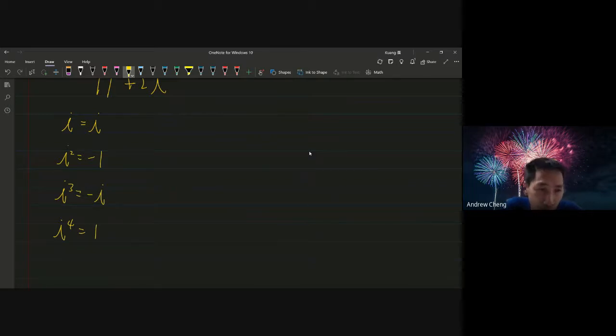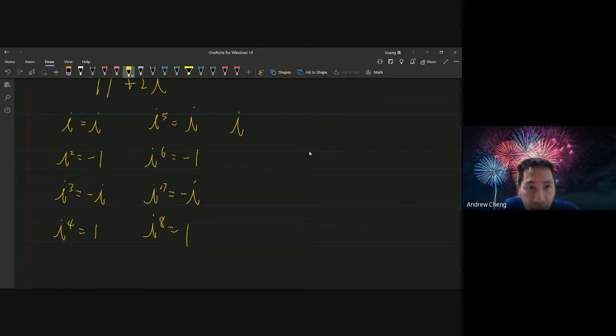Then i to the power 5 equals i again, because i to the power 5 is i to the power 4 multiplied by i. i to the 4 is 1, so it's 1 times i, still i. i to the 6 is -1, and i to the power 7 is -i, and then i to the power 8 is 1. They keep repeating the same pattern. So i to the 9 is i, i to the 10 is -1, i to the 11 is -i, and i to the 12 equals 1.